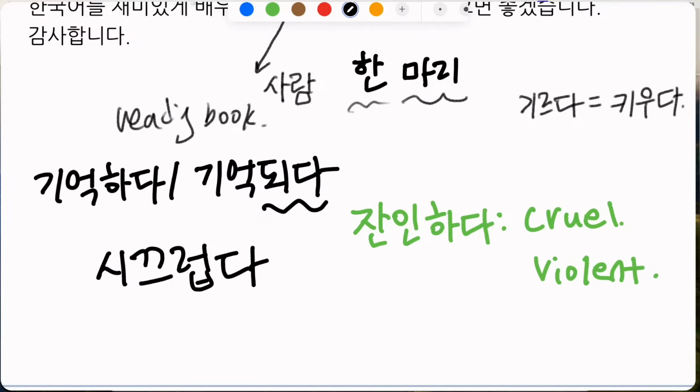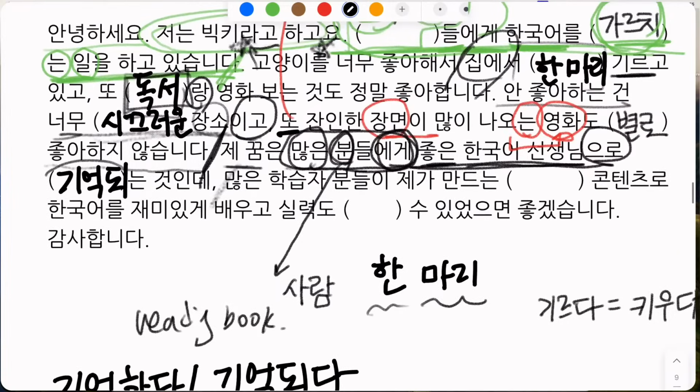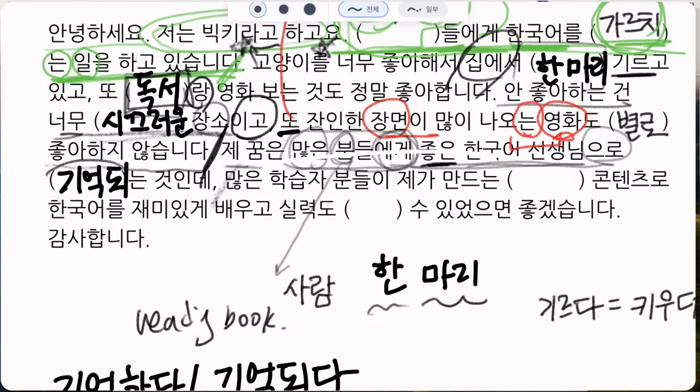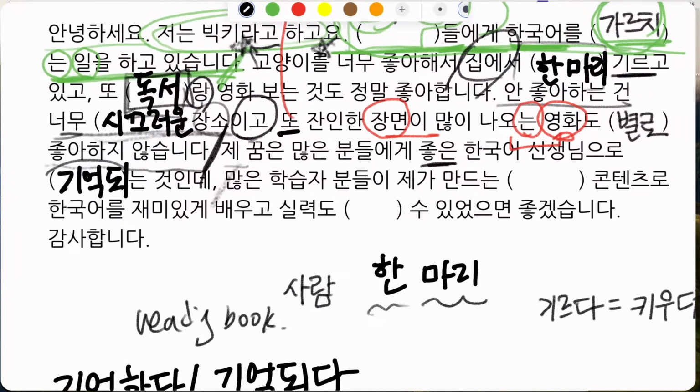So it's to be remembered. So my dream is 는 것인데 is being remembered as a good Korean teacher. 좋은 한국어 선생님 by or to a lot of people.